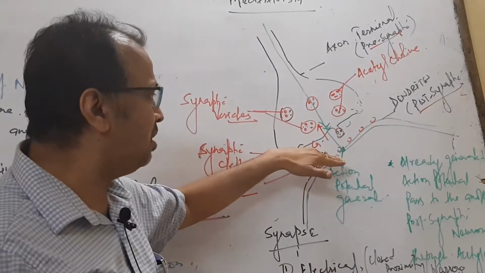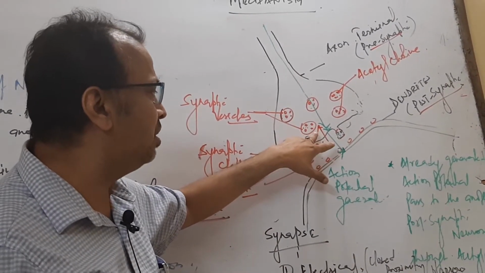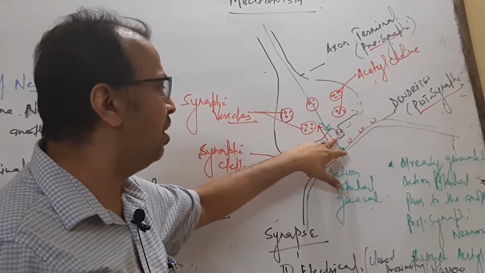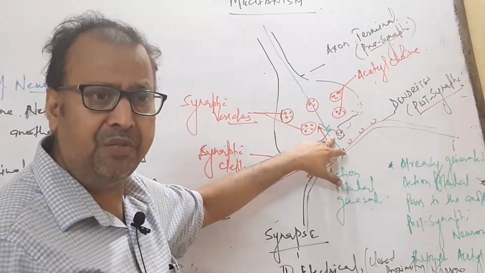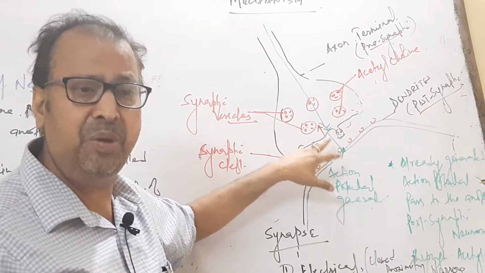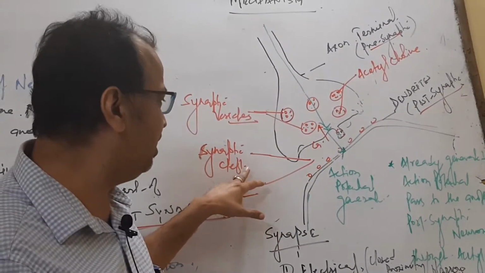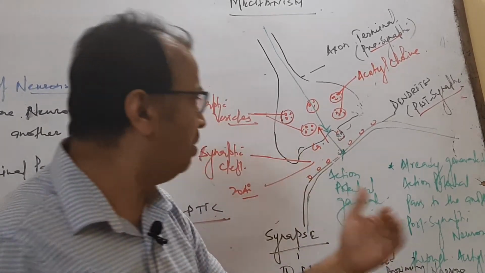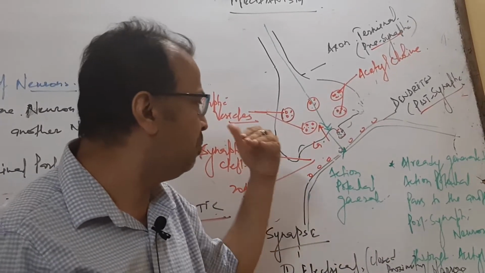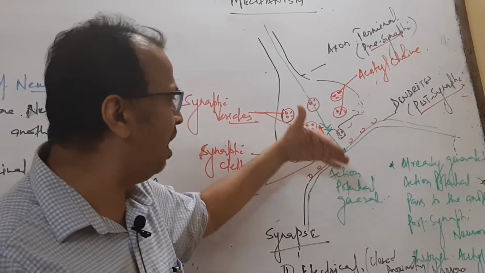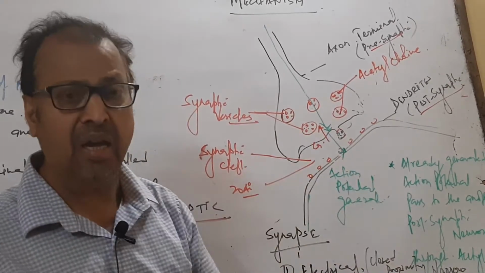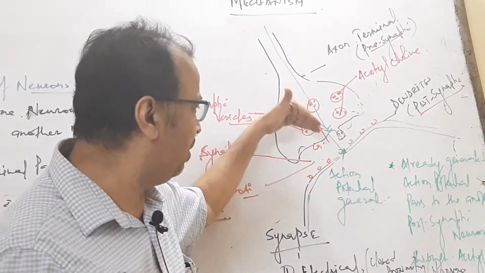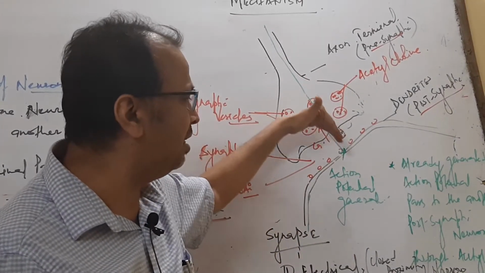First, the synaptic vesicle ruptures by the calcium ion. The ruptured synaptic vesicle releases the neurotransmitter into the synaptic cleft, and these neurotransmitters make the depolarization state and maintain the action potential in the next neuron, and the continuation of the depolarization occurs.